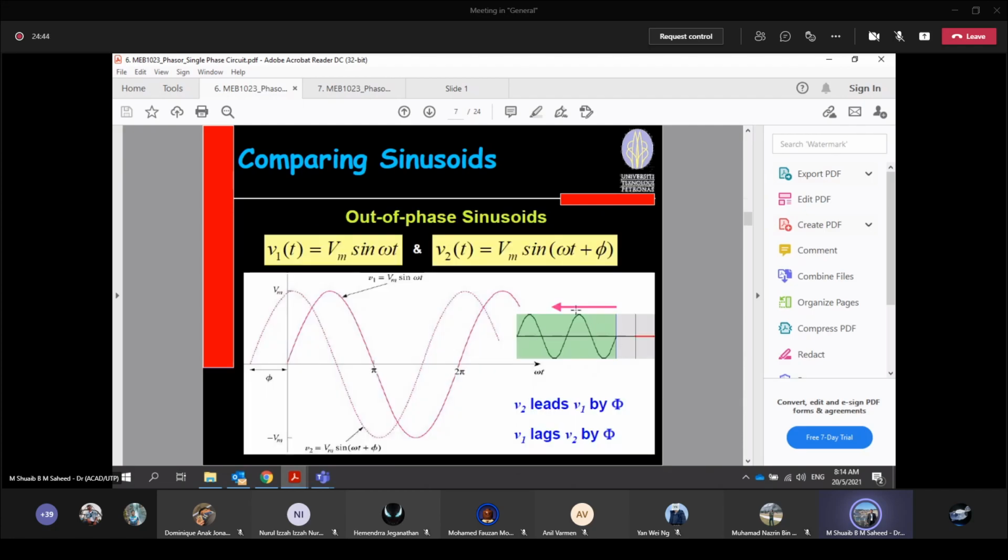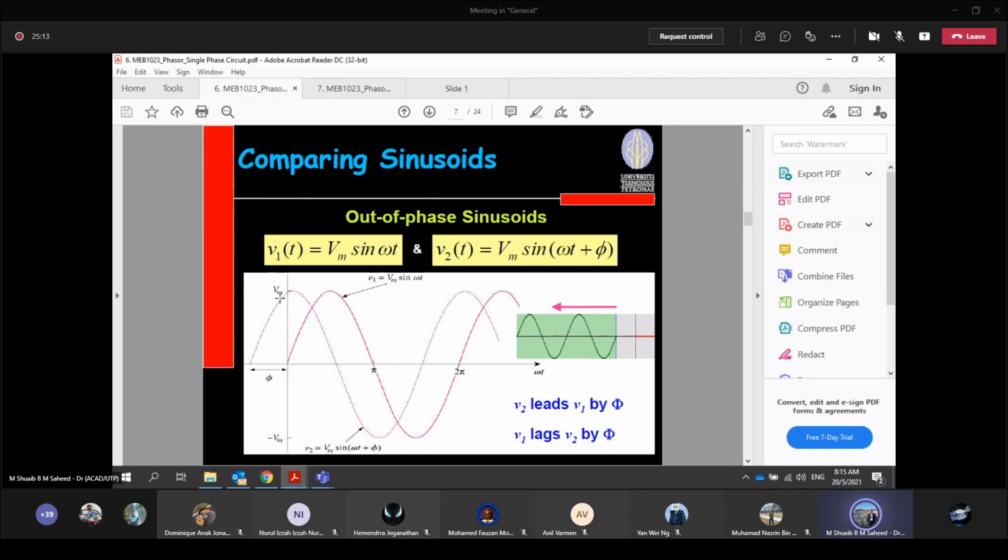Okay, now an example of out of phase. The out of phase will be something like this. You have omega t and you have omega t plus phi. So this shows that the second wave has started earlier. You can see that in the graphical representation. The second wave has started earlier, before the zero, by a certain angle, phi.